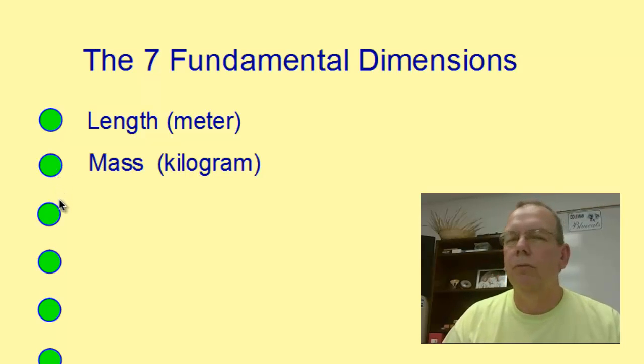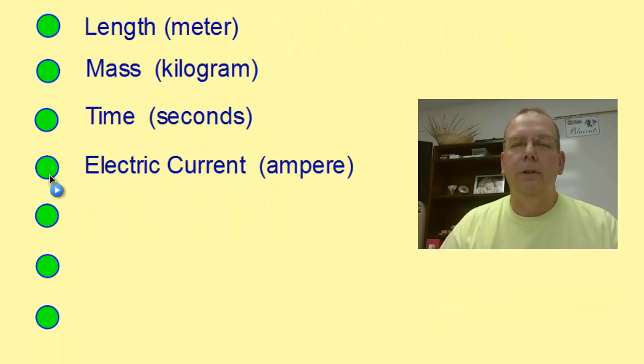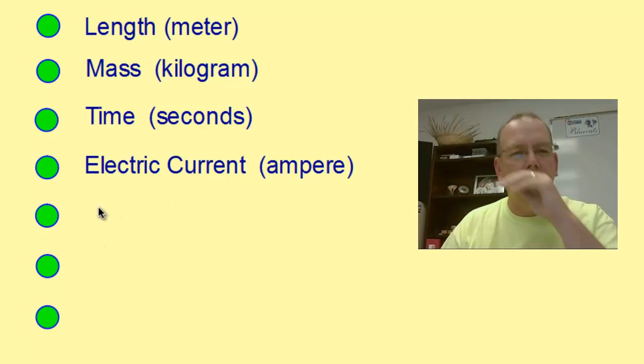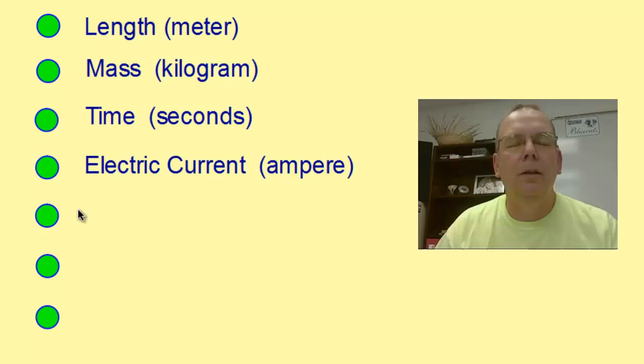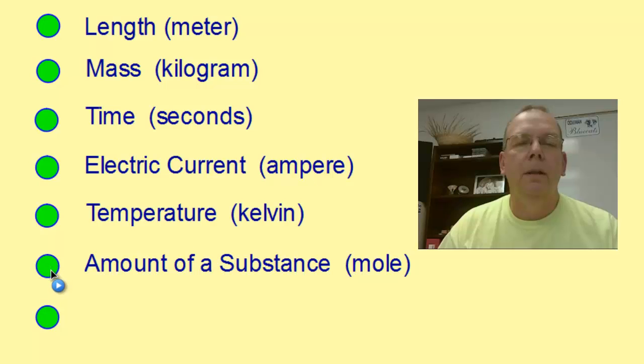Mass, which you can recognize as pretty fundamental. Time, how long something took. Electric current, and the unit for electric current is the ampere. That's less obvious to some people, but when we get into electricity and magnetism in the spring, it'll make more sense. Temperature, how hot or cold something is. The units are important, but we'll get to that.